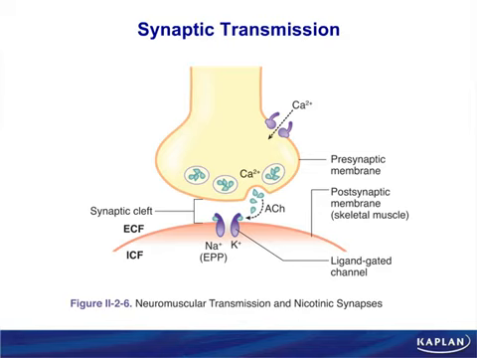You release enough acetylcholine, in other words, enough calcium comes in to get enough acetylcholine out, and you have enough available nicotinic receptors that you're going to take the skeletal muscle cell to threshold. So a one-to-one relationship. If there's not a one-to-one relationship, then you know something's wrong.